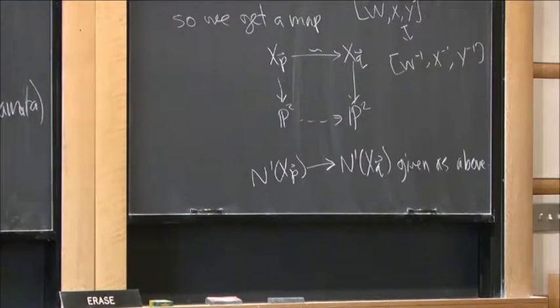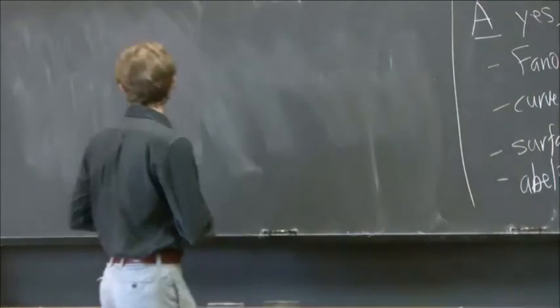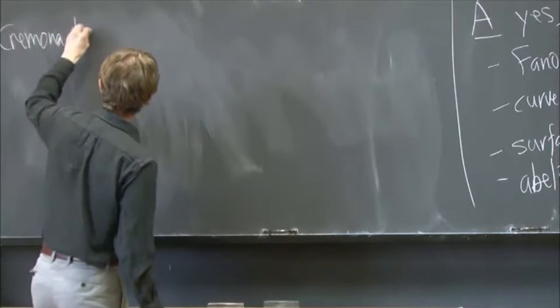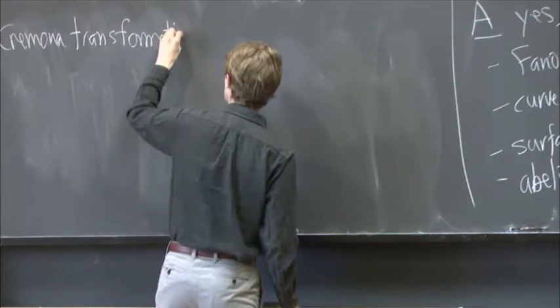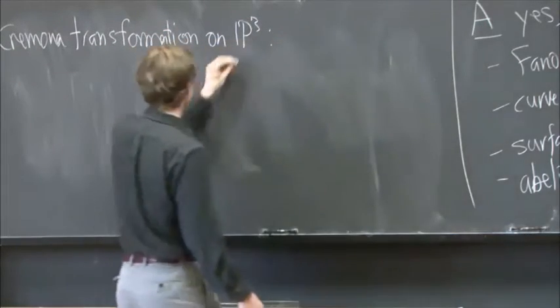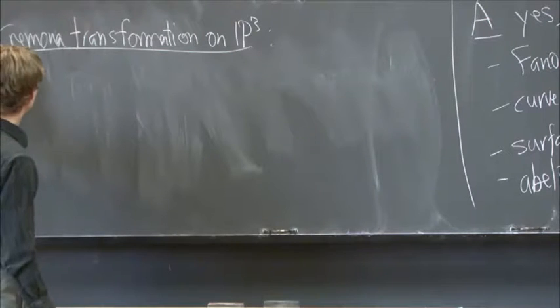OK, so I'm talking about blow-ups of P3, and we're going to need the Cremona transformation in P3. So let me say something about what that map is. Again, we can write it down using an explicit formula, and it's the same sort of thing.